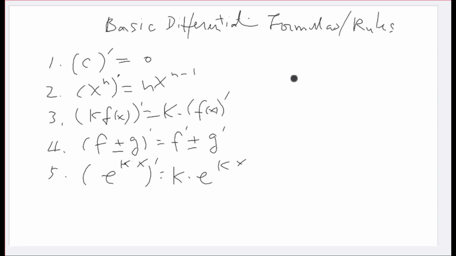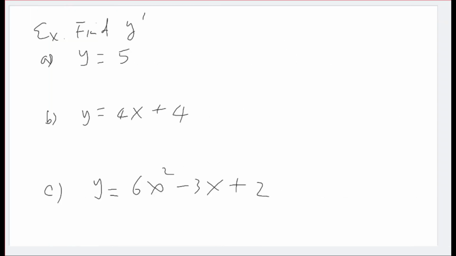Okay, so let's see some examples of how we apply these rules and formulas to find the derivative directly. So we're not going to set up a limit and do complicated limit work to find the derivative anymore. We have a bunch of examples here.